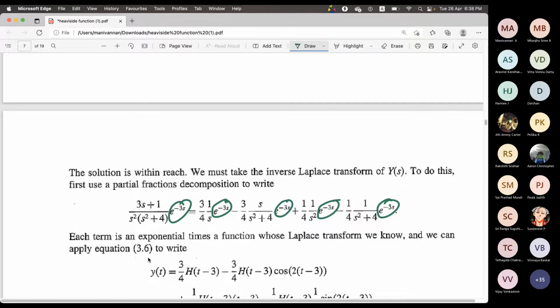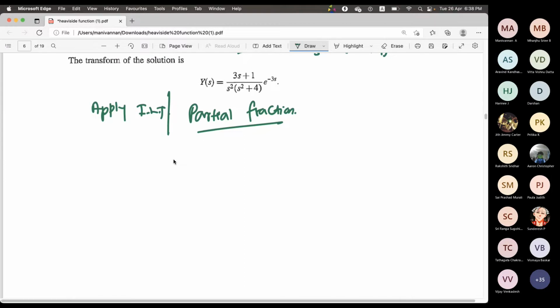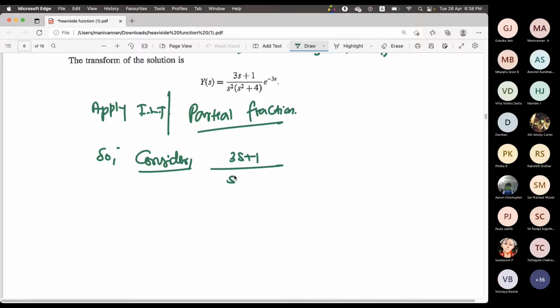Am I right? So consider this term. How do we write this? It is a proper fraction.